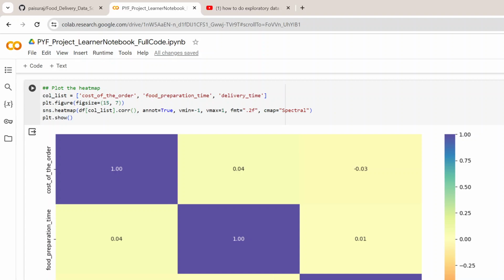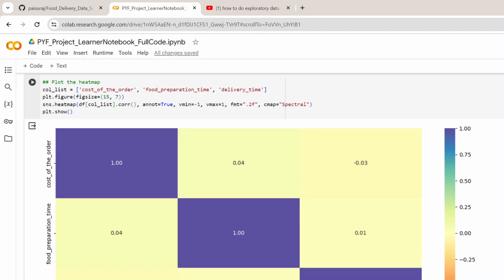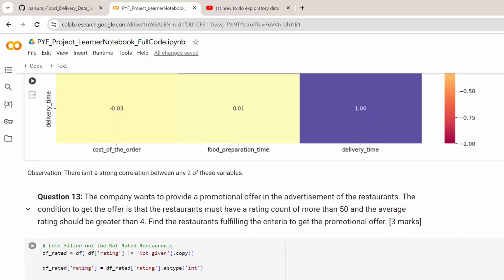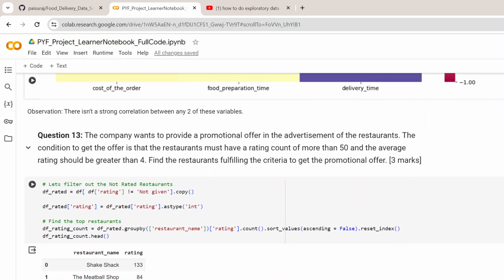In this case they have 0.01, but a high correlation would be something like 0.5 or above, maybe 0.8. So we don't have any highly correlated data, which is good. If there was highly correlated data, then we would need to drop one of the variables, because it's basically giving repeat information.